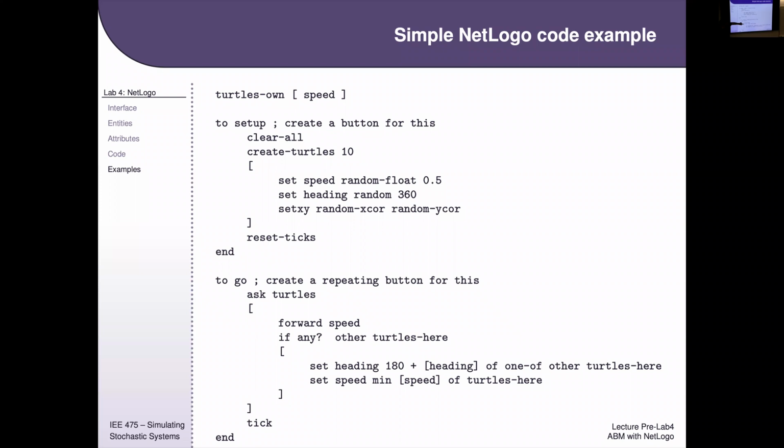If they bump into any other turtles, they turn around and change their speed to the minimum speed of all the other turtles. And then I move my clock forward. So that's an entire program that simulates a bunch of turtles moving around a world, and that's it, it's done. All of the timing and scheduling is done for you, and you can run that thing and see these turtles running around.